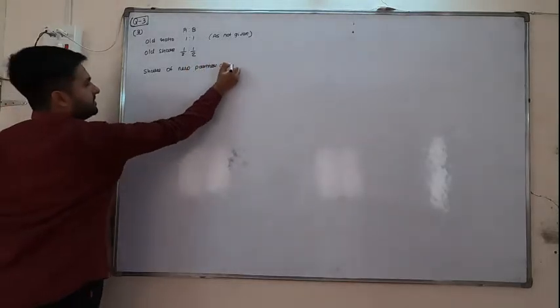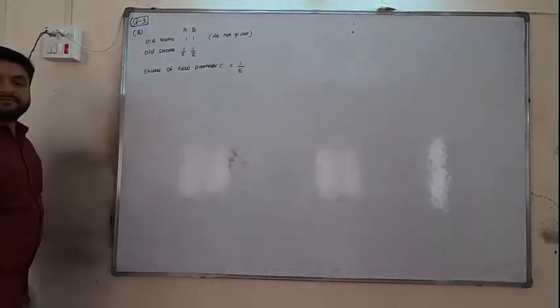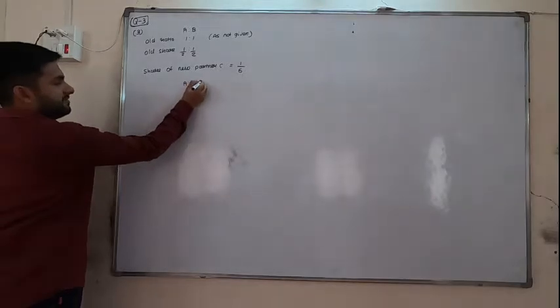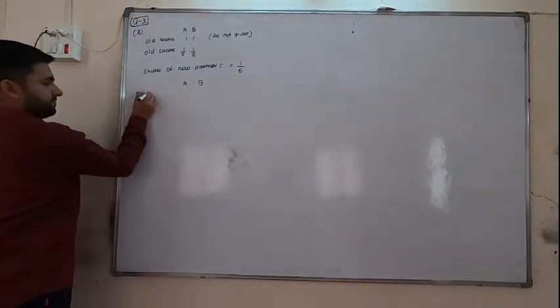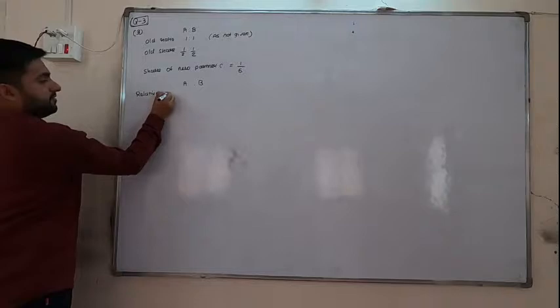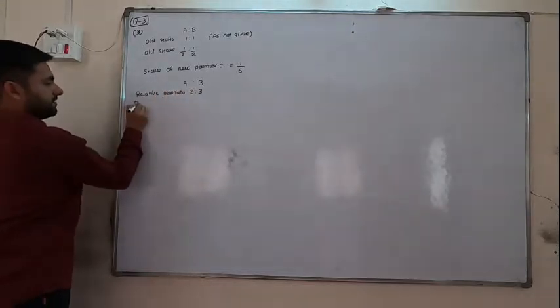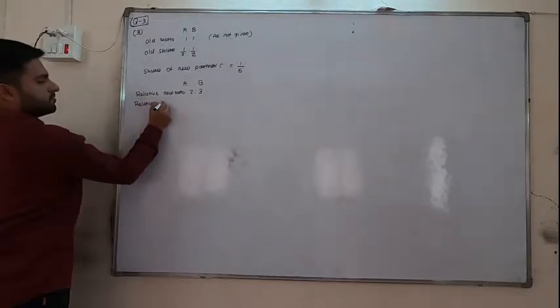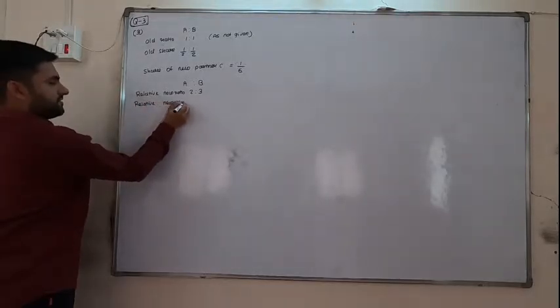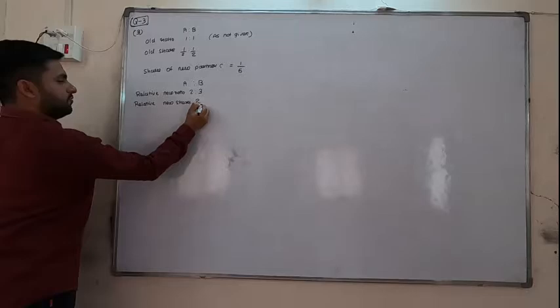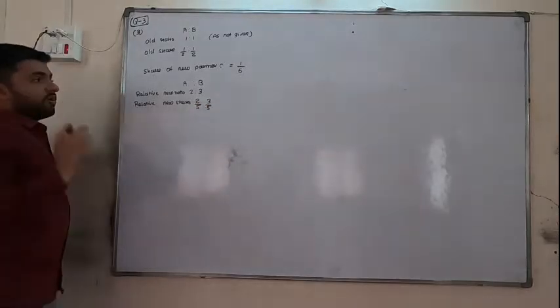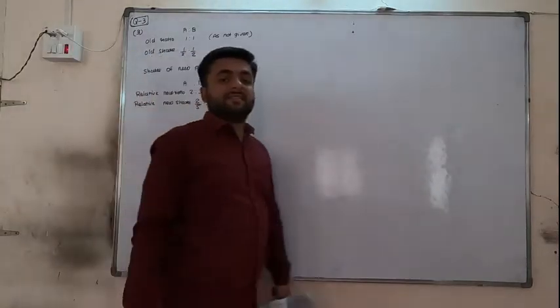Share of new partner C is 1/6, and for A and B the relative new ratio is 2:3. So relative new shares will be 2/5, 3/5. Only this thing is extra in this case.